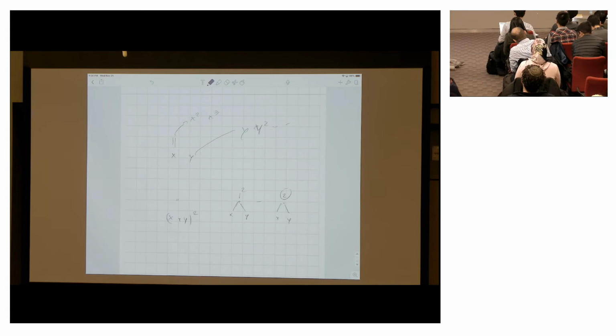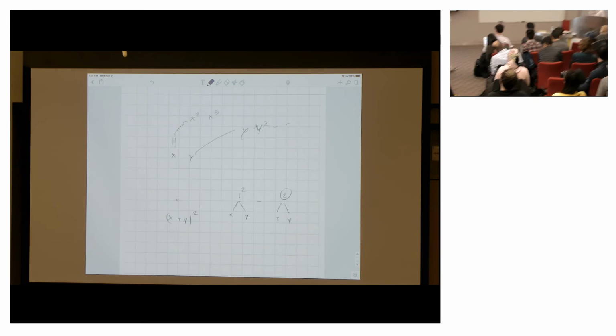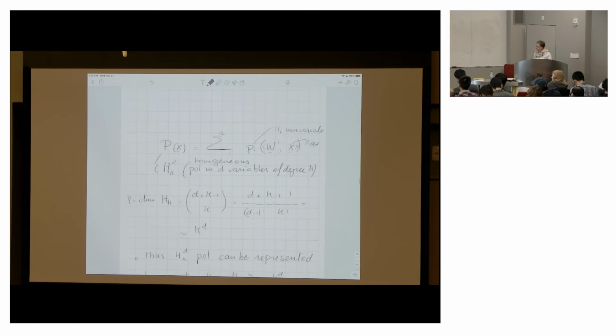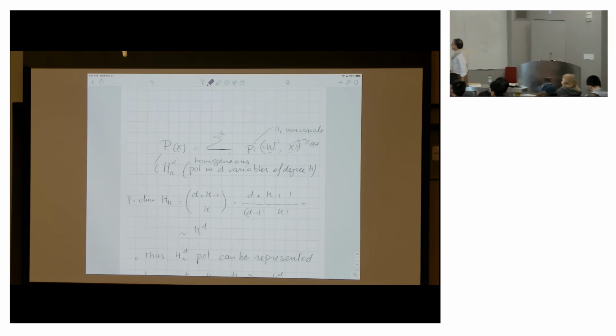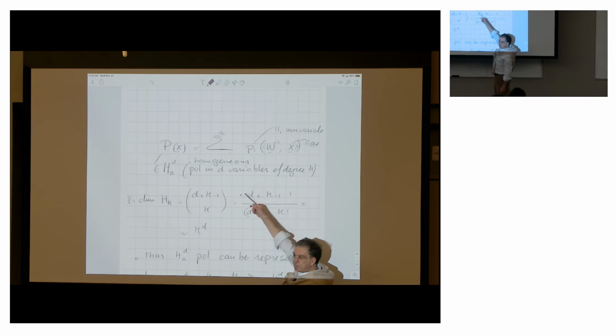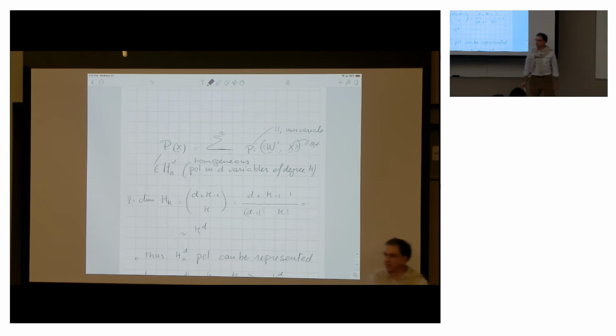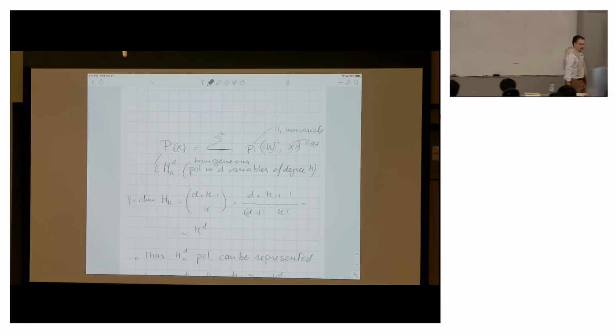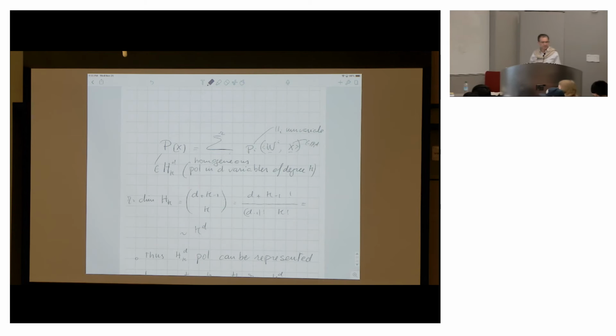So this is how, by doing this kind of thing, you can get all the polynomials you want. So from univariate polynomials to multivariate polynomials.